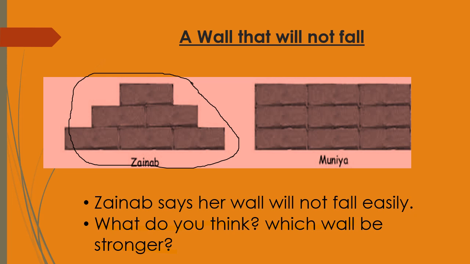If I take this brick as an example, you can see this brick is covered by this brick, and this brick and this brick. And if we increase this pattern, one more brick is also coming here, so this brick and this brick will also cover this brick. So in this way these bricks are getting interlocked.